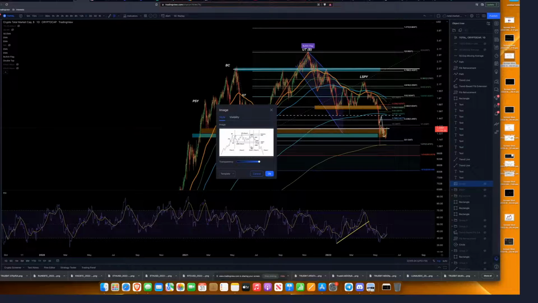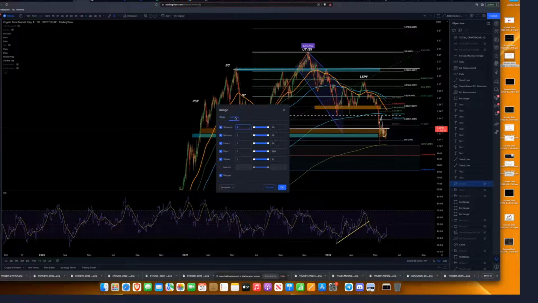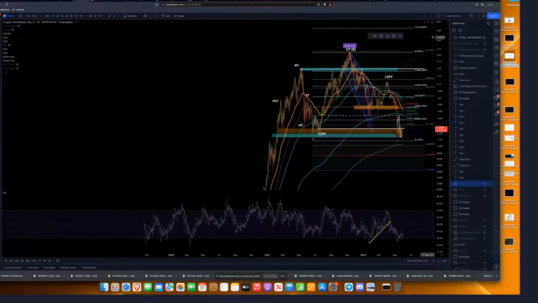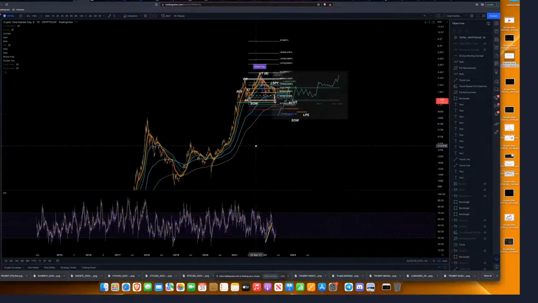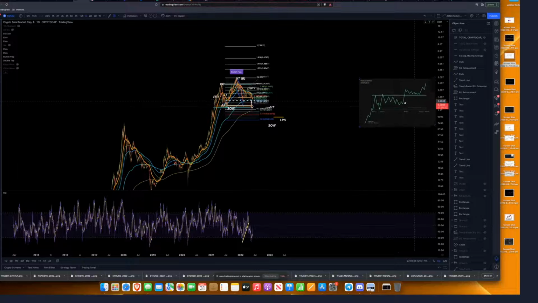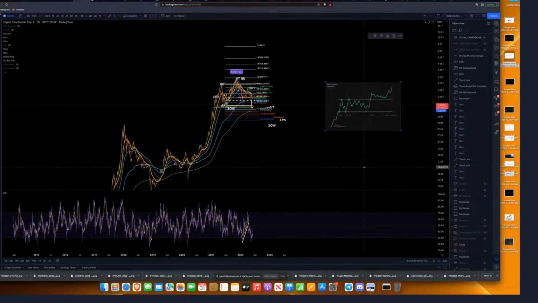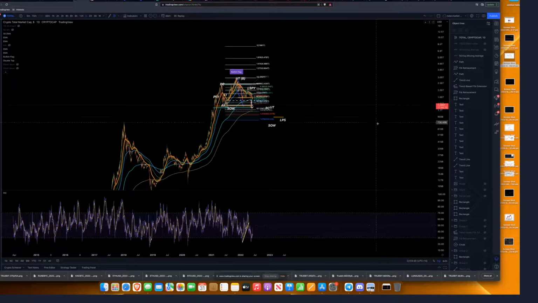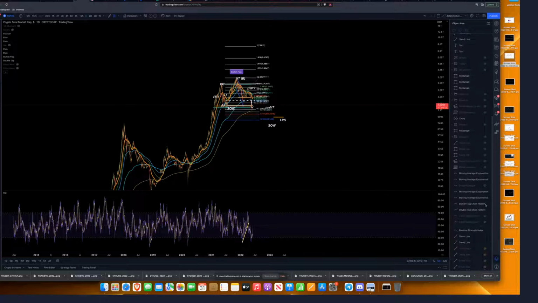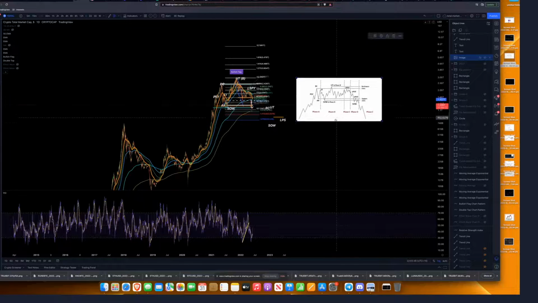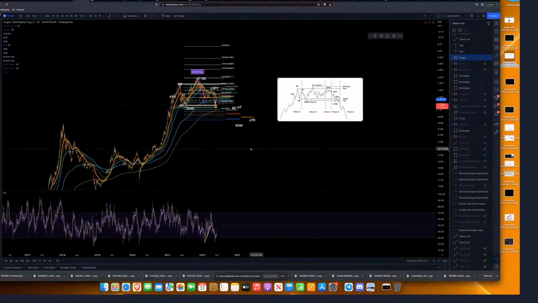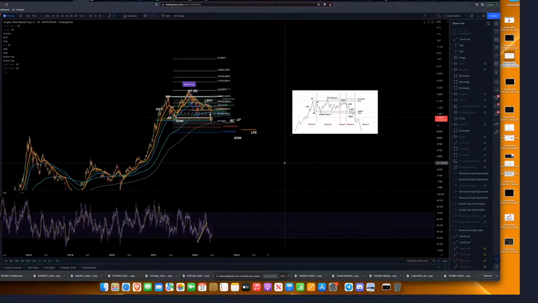Where's this formation? Visibility, daily. Oh, there it is. That's not the picture I wanted. No, that's not the one. There it is. Cool. So that's what we're looking at from a total market cap perspective.